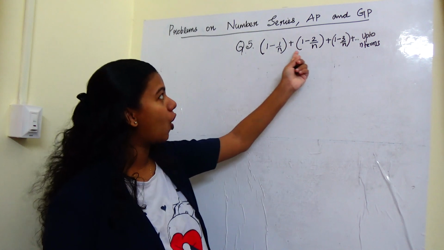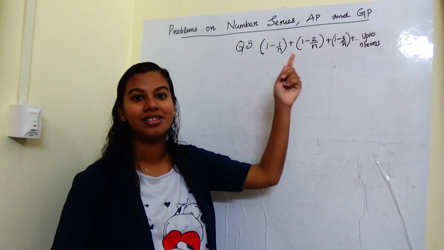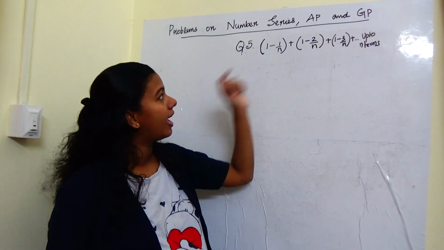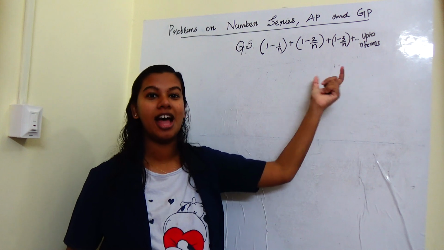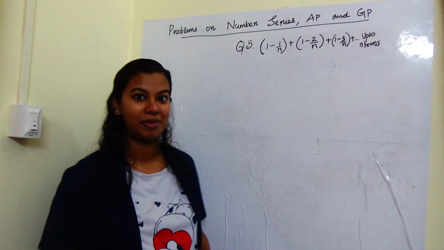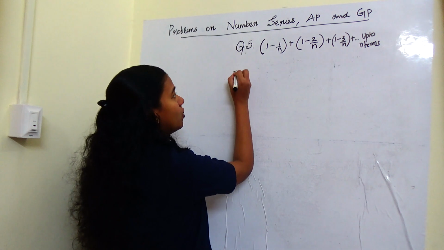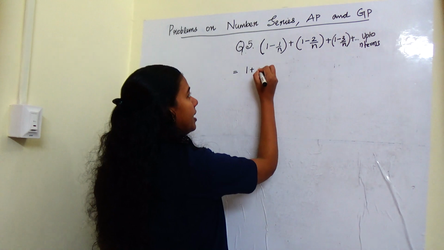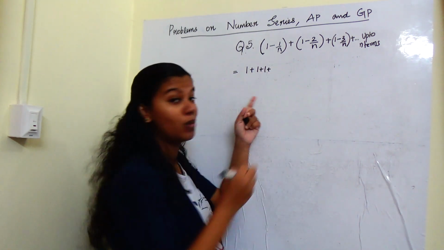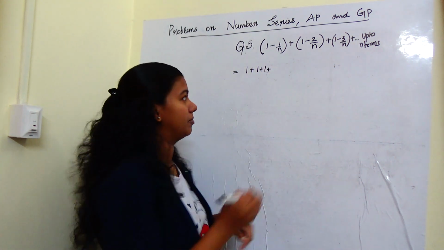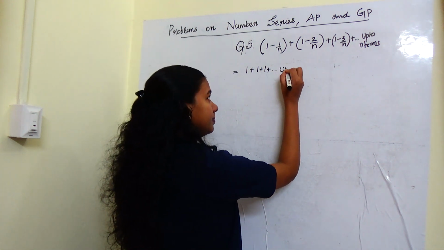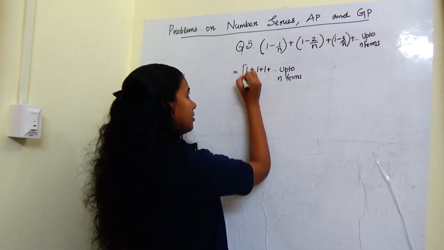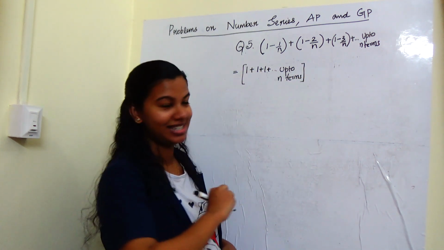Now let's see about this problem. In all these terms, 1 is common. So I can put the 1s separately, and then 1 by n, 2 by n, 3 by n, etc. I'll put it separately. So let's see what happens. This will be equal to, I group all the 1s together. That is 1 plus 1 plus 1 plus, how many 1s will be there? It will be up to n terms.